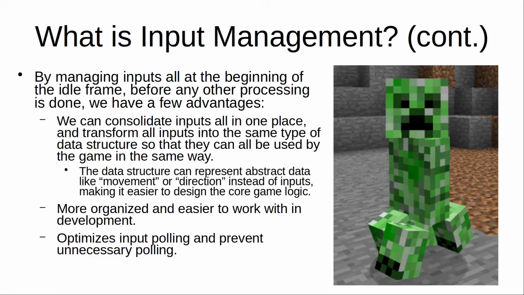The data structure can represent abstract data like movement or direction instead of inputs, making it easier to design the core game logic. So basically, what we're doing is, instead of doing this stuff in the idle frame for different objects, we're consolidating it all in one place. We're saying, okay, what should happen on this user interface when I push the up button at any point, right?